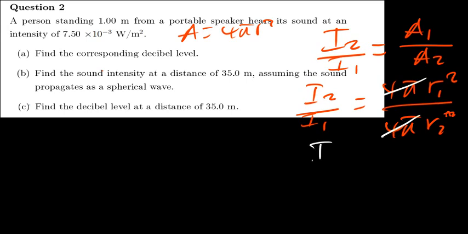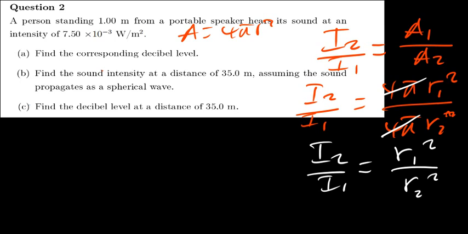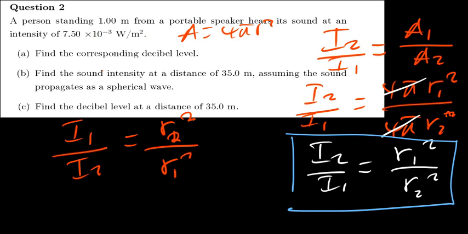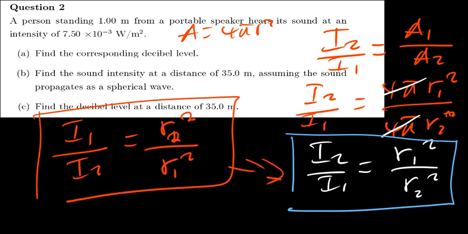So intensity 2 divided by intensity 1 is equal to r1 squared divided by r2 squared. This ratio is very important. In some books, you will see this written as intensity 1 divided by intensity 2 equal to radius 2 squared divided by radius 1 squared. They are the same, so you choose which one to use.